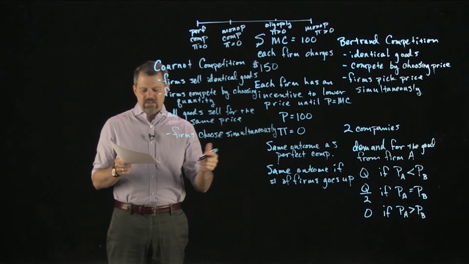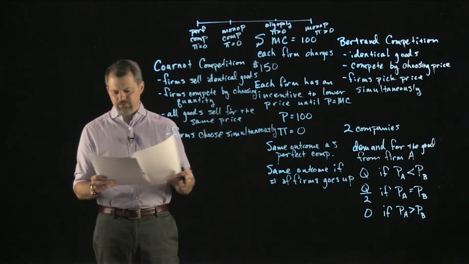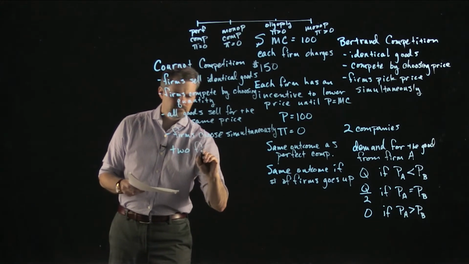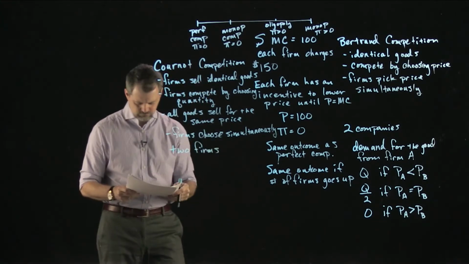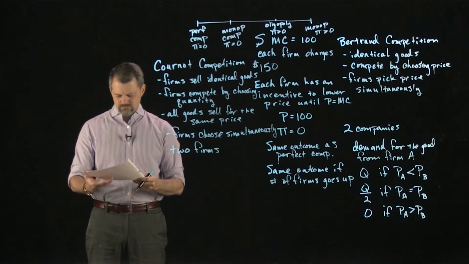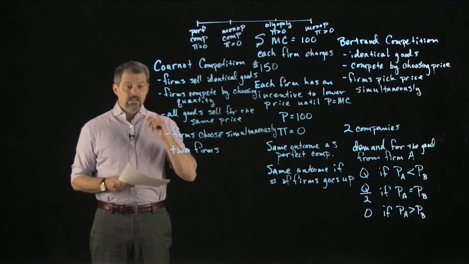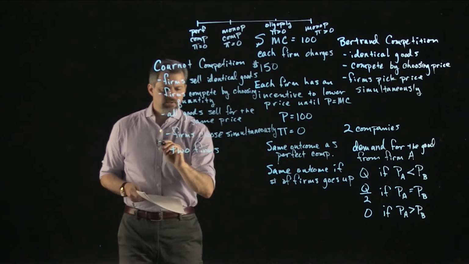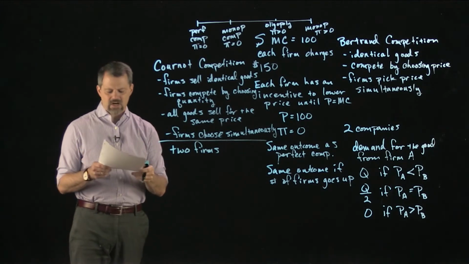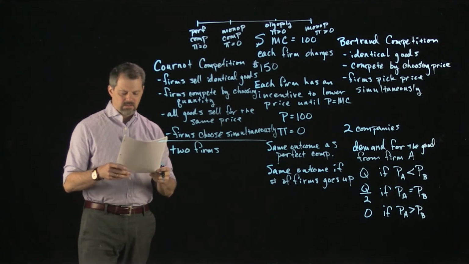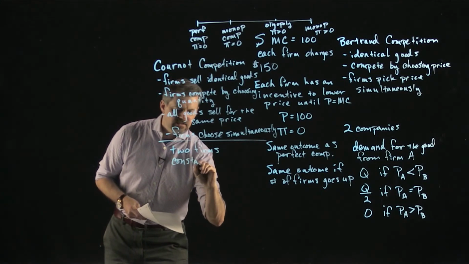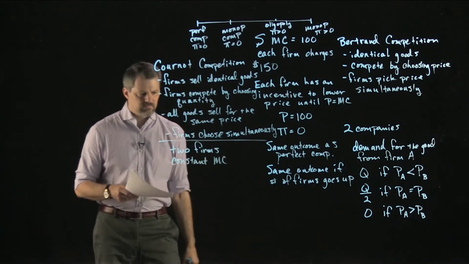So let's do the same thing. Let's suppose that we have 2 firms. Let's make things simple. 2 firms, let's suppose that they have constant marginal cost.